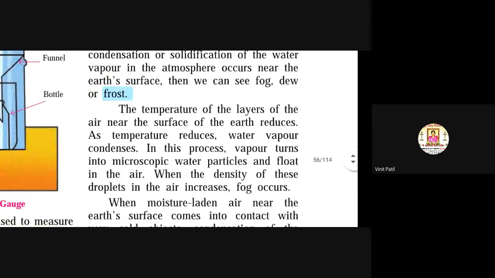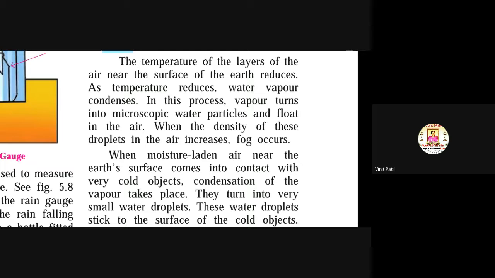Now see, the temperature of the layers of the air near the surface of the earth reduces. So guys, we know that in winter season the temperature in India is very low near the earth surface.